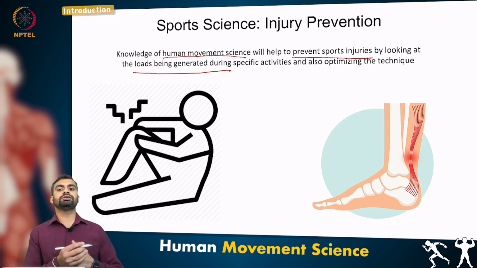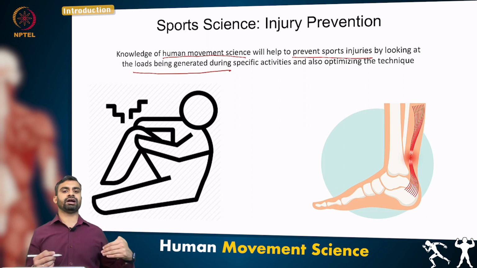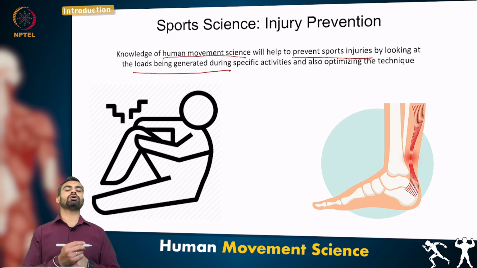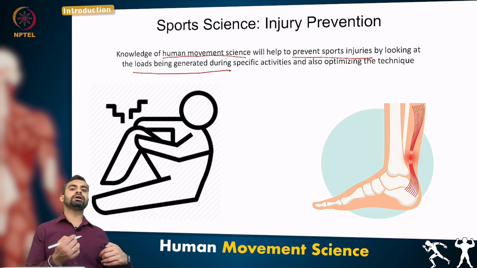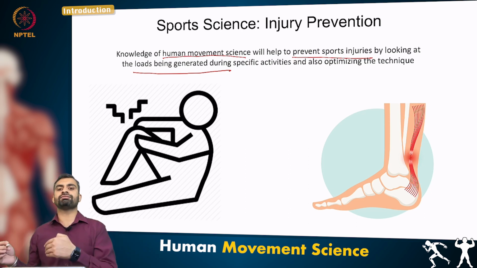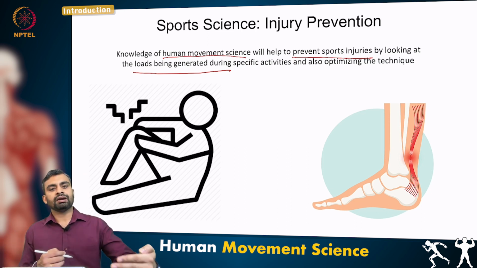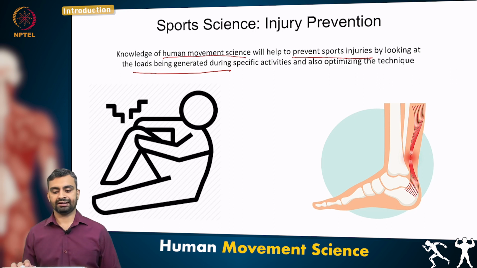It might be possible you are generating more load than required, or putting in more effort than required, because the technique is not optimized. Once we have a proper technique, you might need to put in less effort compared to the effort applied during an improper technique.